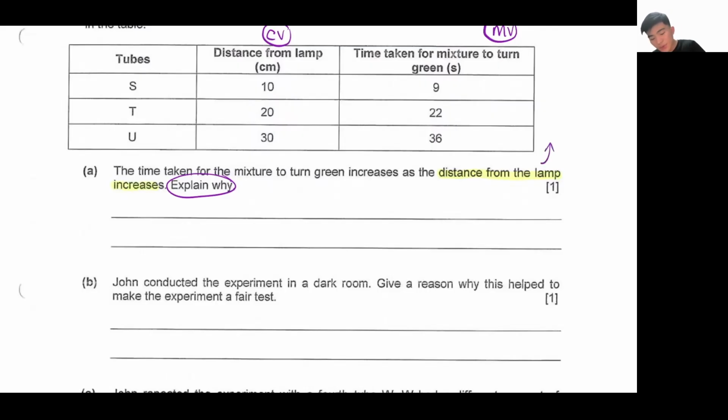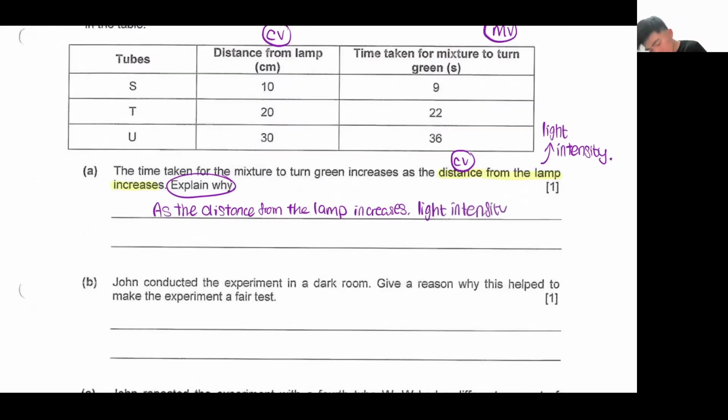You must always talk about the amount of light, or the light intensity. This is the change variable, I say again. As the distance from the lamp increases, we need to talk about light intensity, which is definitely going to decrease. And you need to pull it back to the question. The question says the time taken for the mixture to turn green increases.